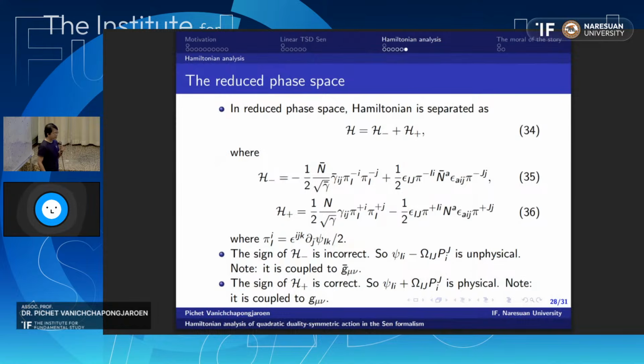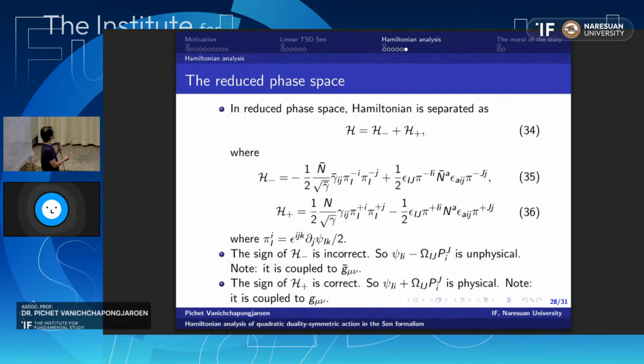And in the reduced phase space, the Hamiltonian is separated into two sectors. There is an unphysical sector that contains all the unphysical fields. The reason we say it is unphysical is because it contains the wrong sign of the kinetic energy, whereas the physical Hamiltonian is positive in kinetic energy.